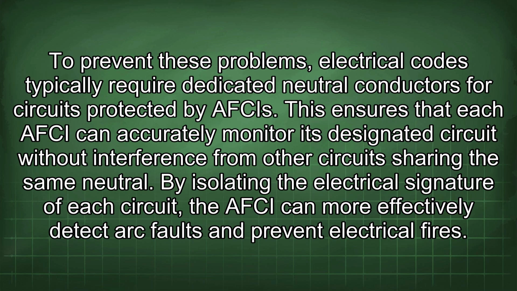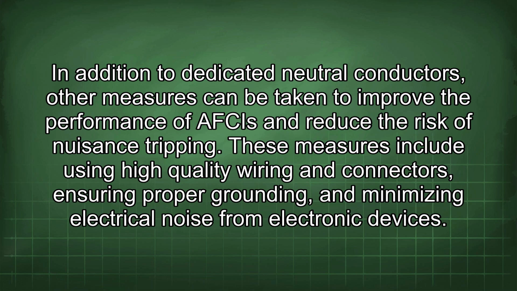This ensures that each AFCI can accurately monitor its designated circuit without interference from other circuits sharing the same neutral. By isolating the electrical signature of each circuit, the AFCI can more effectively detect arc faults and prevent electrical fires. In addition to dedicated neutral conductors, other measures can be taken to improve the performance of AFCIs and reduce the risk of nuisance tripping.